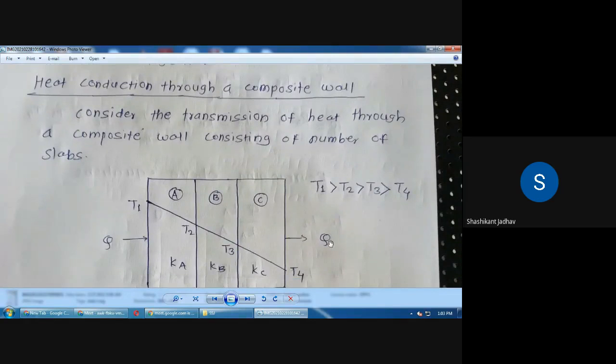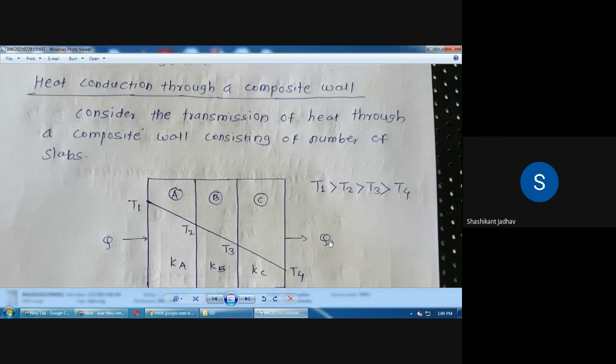Okay, तर ही जी काही composite wall असणार आहे, how much heat will be transferred from this particular composite wall? We have to calculate by using the derivation. First of all we have to get the equation for this composite wall, and from that equation we have to solve the different problems related to the composite wall.